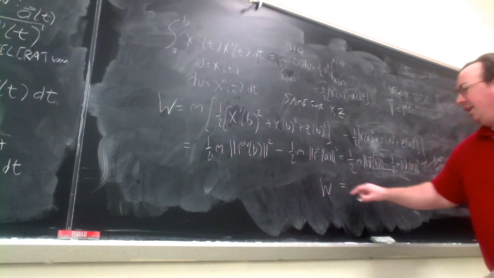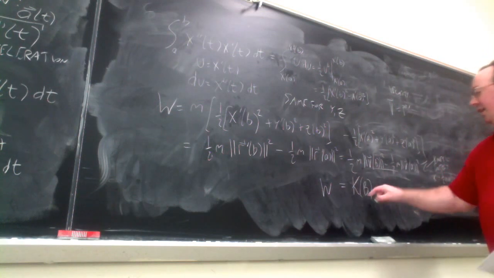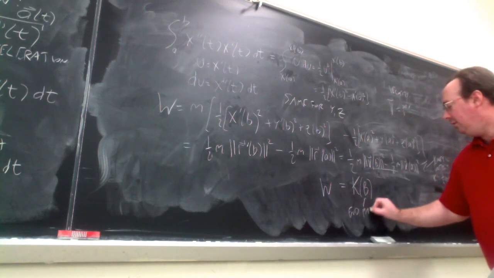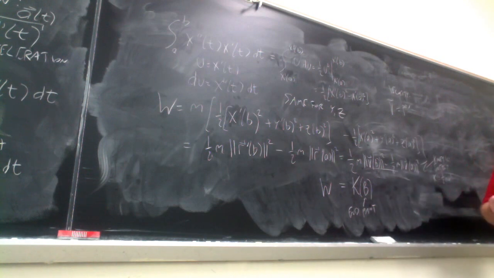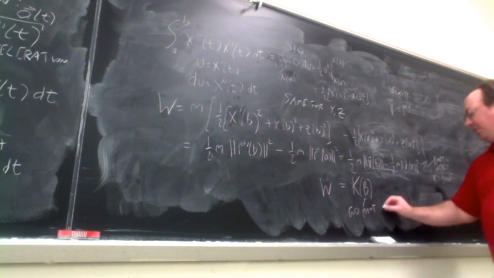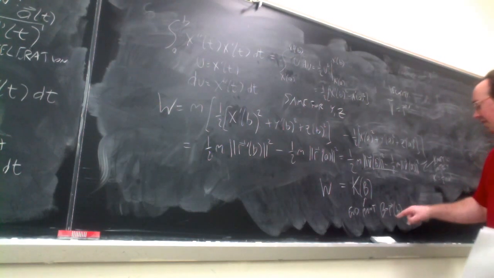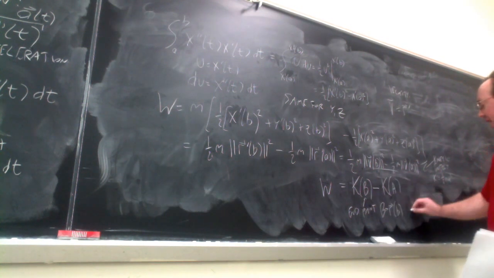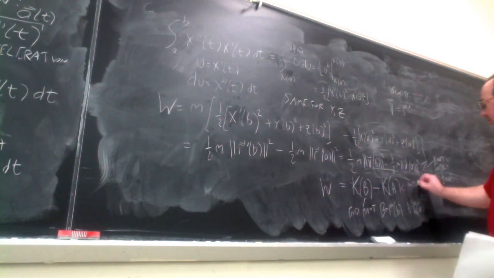All right, so this is work again. I'll call this K of capital B, kinetic energy at the ending point of a curve. So when t is equal to little b, capital B is the end point of a curve, minus kinetic energy at point A. So this is the initial point.